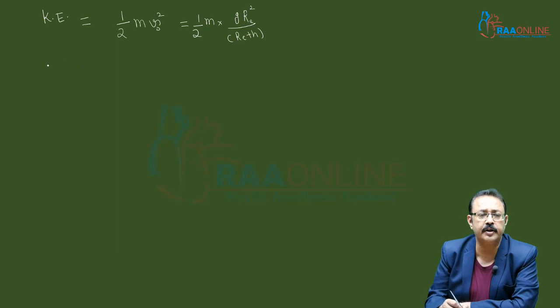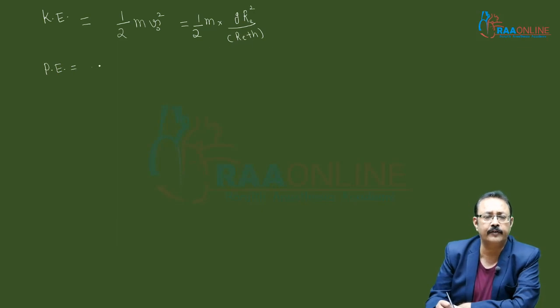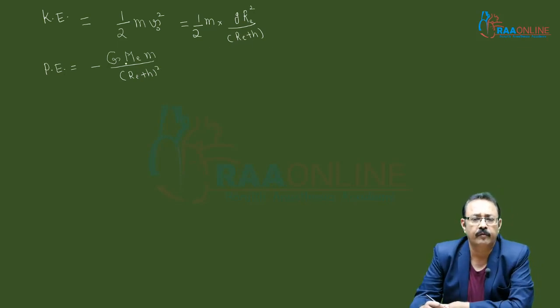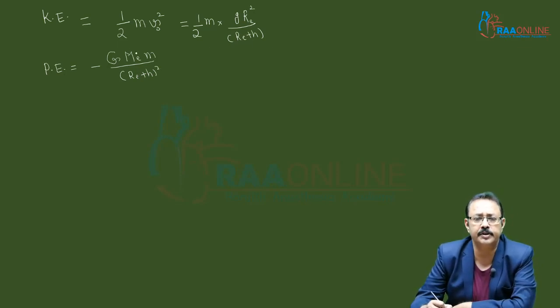So it is the formula for kinetic energy. What is its potential energy at this point? What is the formula for potential energy? Minus G M m upon RE plus h. What is GM? GM is g RE square.